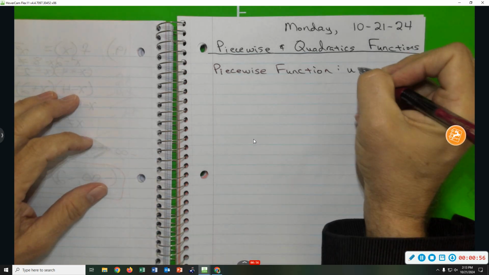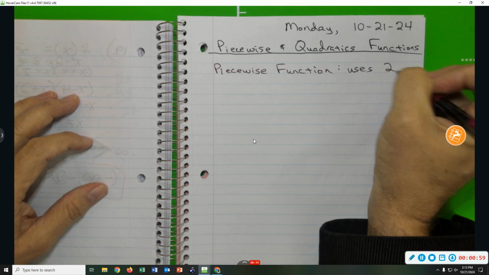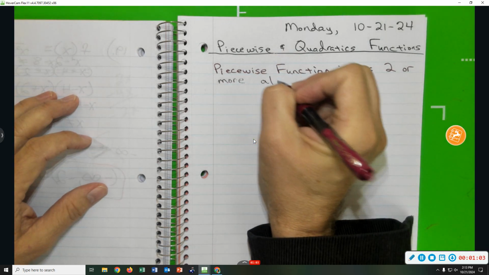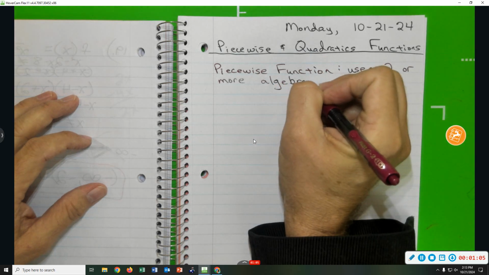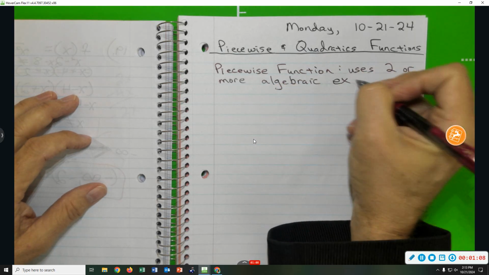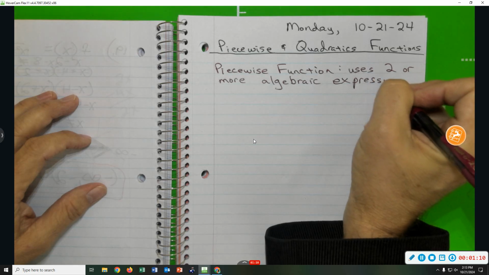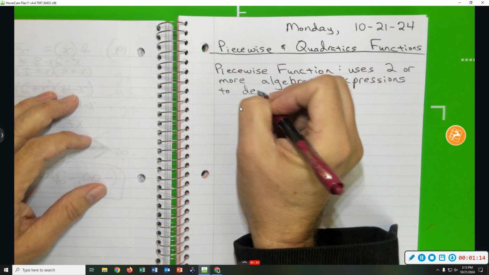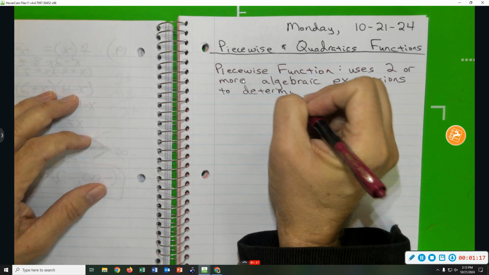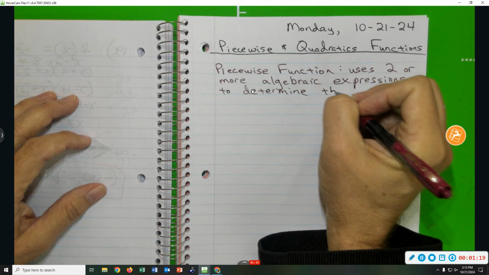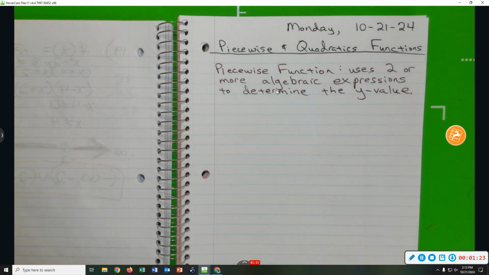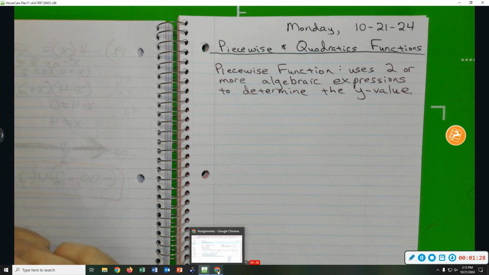It uses two or more algebraic expressions to determine the y value. And there's really no way to talk about a piecewise function without looking at an example.